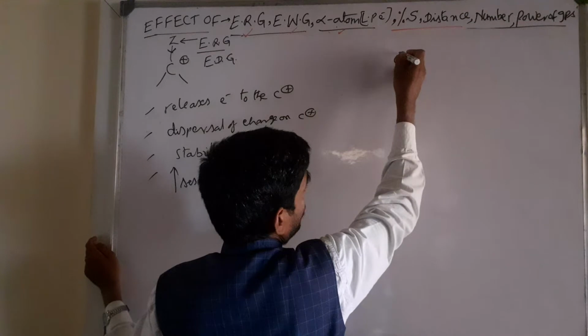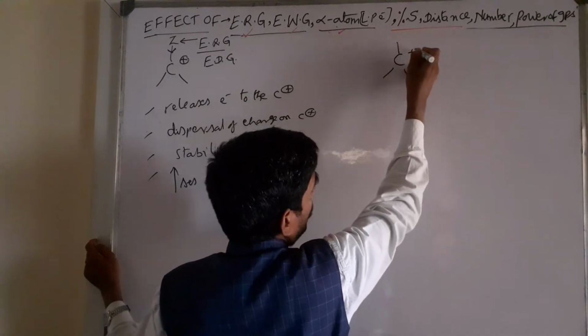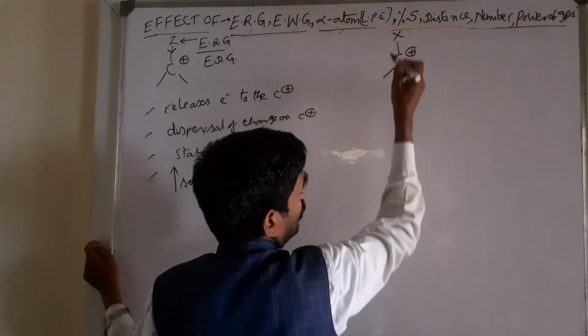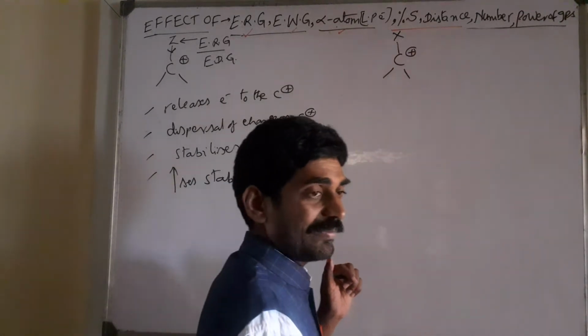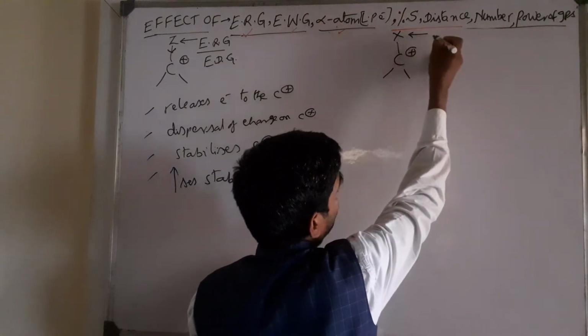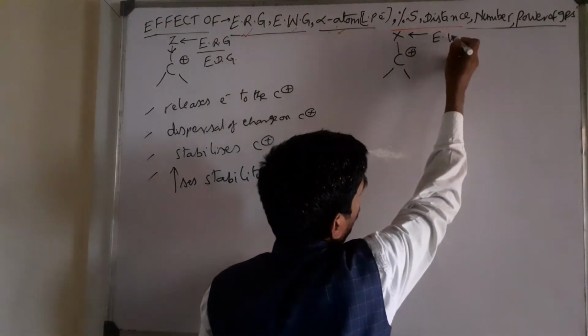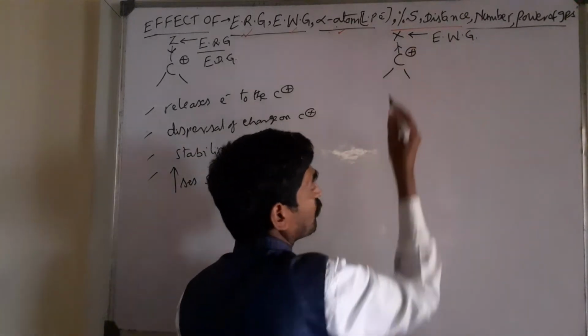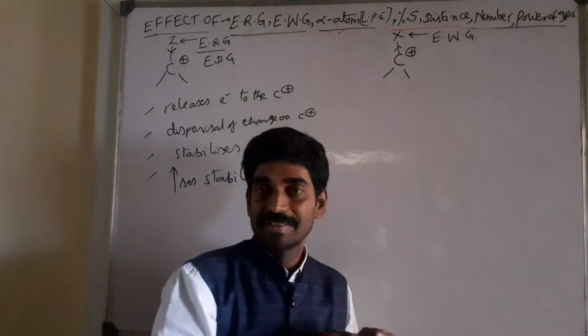In the other case, a carbon carrying positive charge, 3 covalent bonds, 6 electrons, and it needs 2 electrons to get stability. Then to the carbocation, an atom X is bonded. It is an electron withdrawing group which withdraws electrons from the carbocation, right?